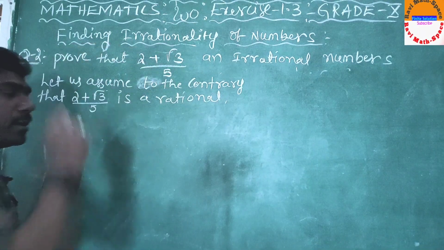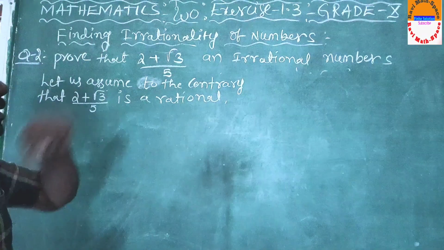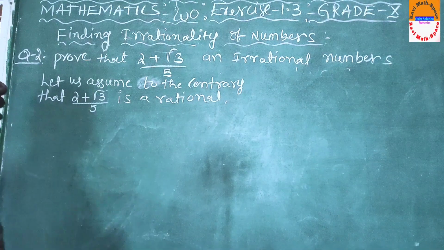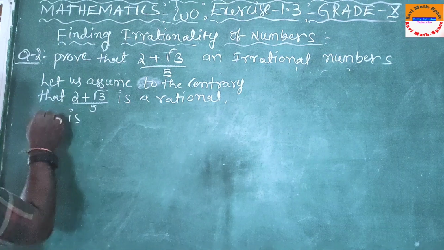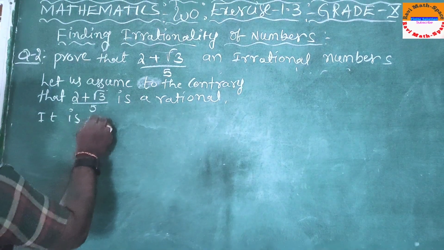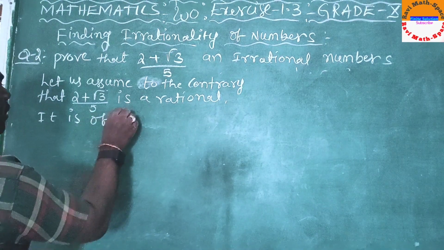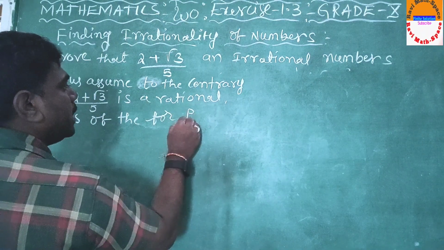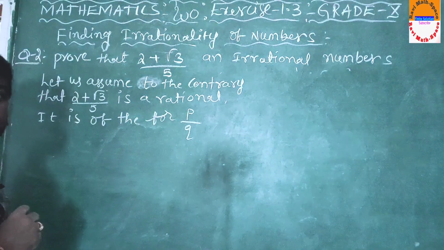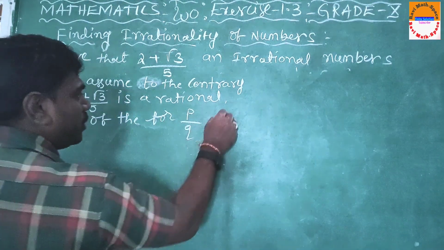It is a rational number. When it is a rational number, it should be of the form P by Q. Can you tell me what P and Q are?